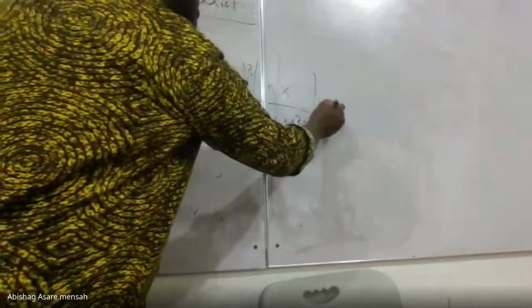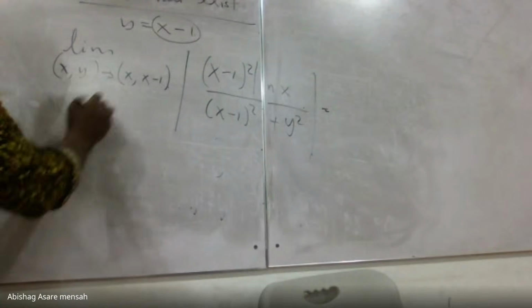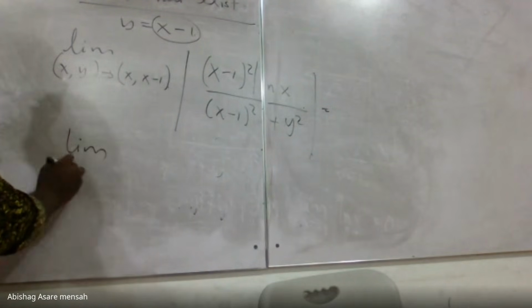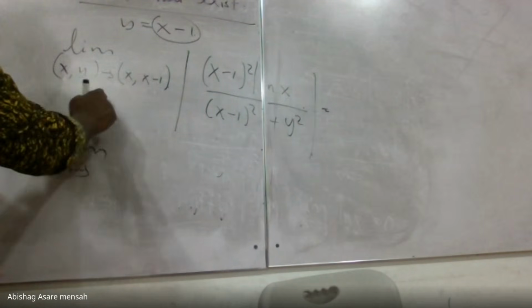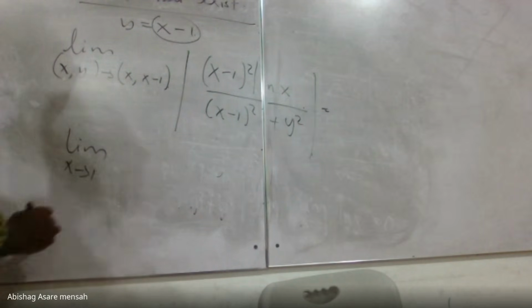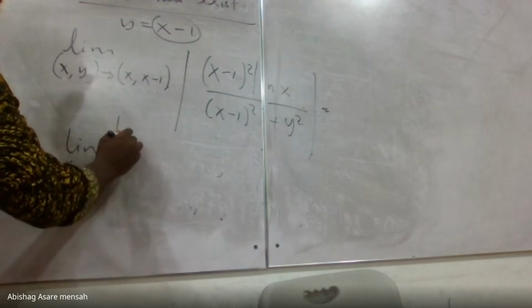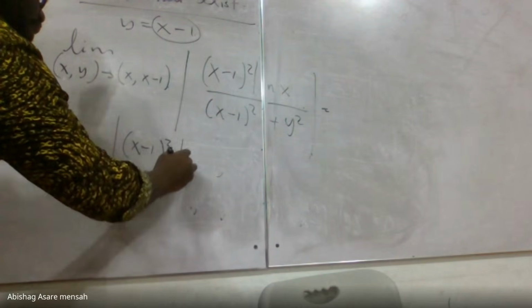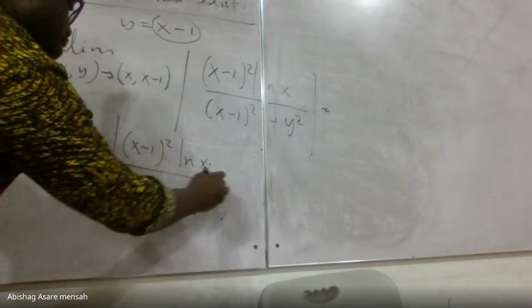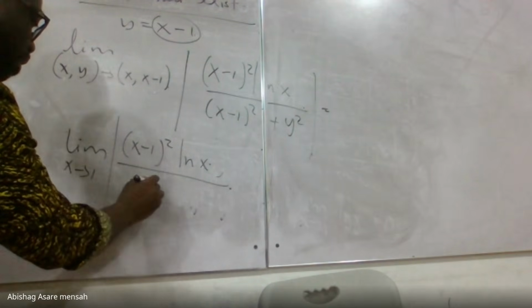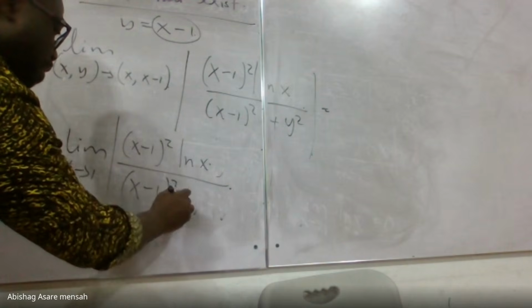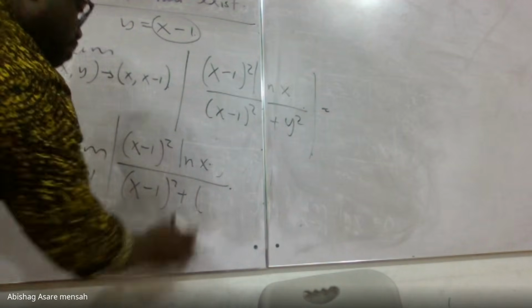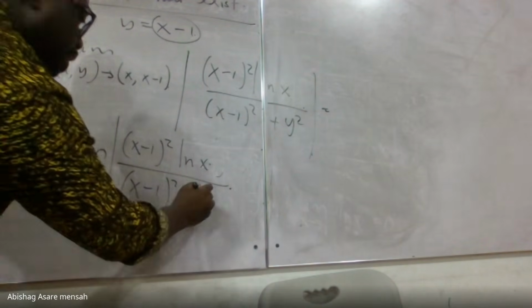Let's go. This one will be equal to, please pay attention. Now we are finding the limits as x approaches what? The original one was 1. This time I have (x minus 1) all squared, then x should maintain. (x minus 1) all squared, plus, what will be y? (x minus 1) all squared.